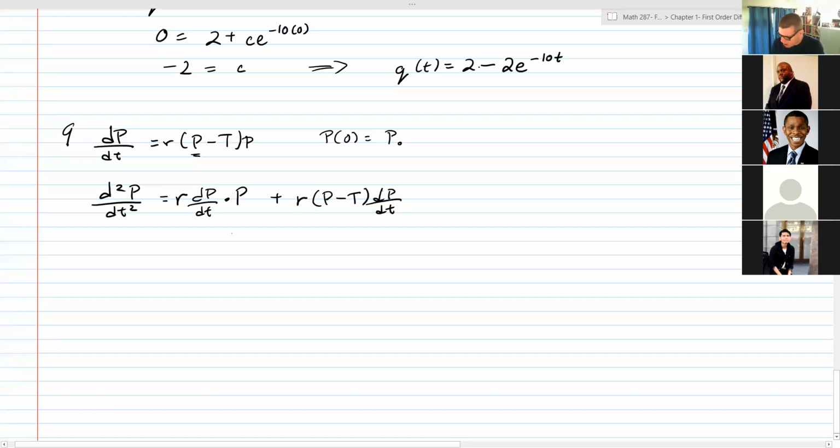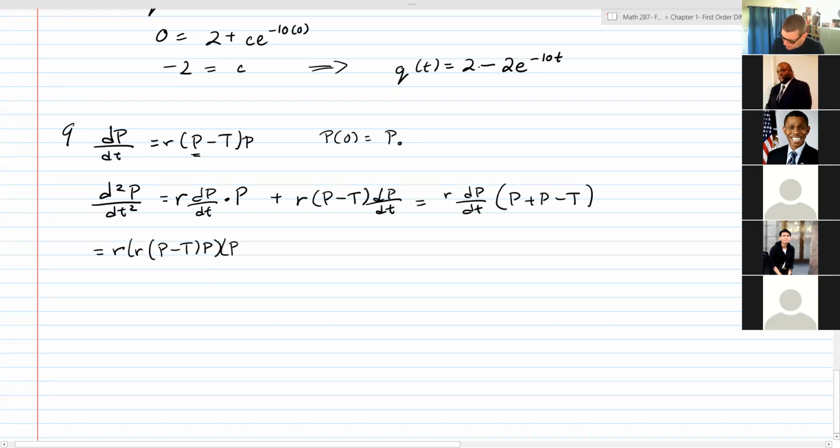Then I'm going to factor out r and dP/dt. So this will be r dP/dt times P plus P minus T. This is equal to r, and dP/dt is r times P minus T times P, times 2P minus T.